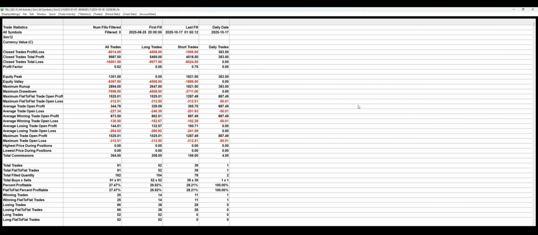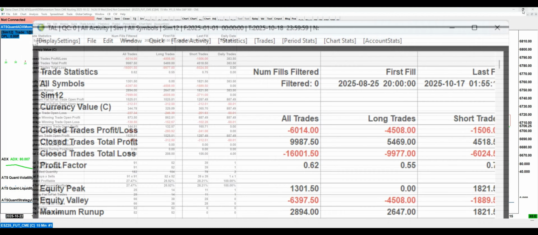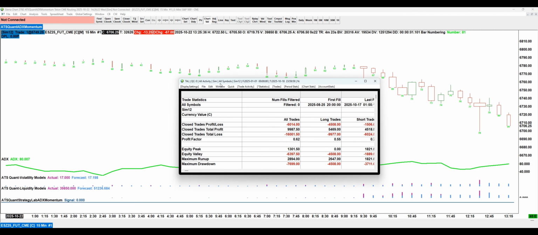And this particular system was taking overnight risk. So we were holding trades and taking trades at any point in time during any trading session. As long as the instrument was trading, our system had the ability to trade.